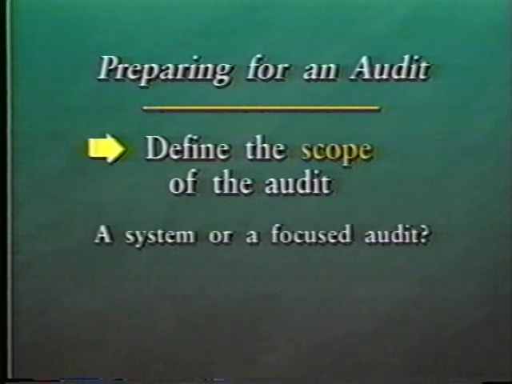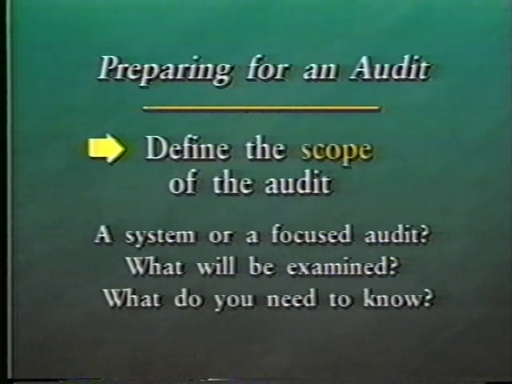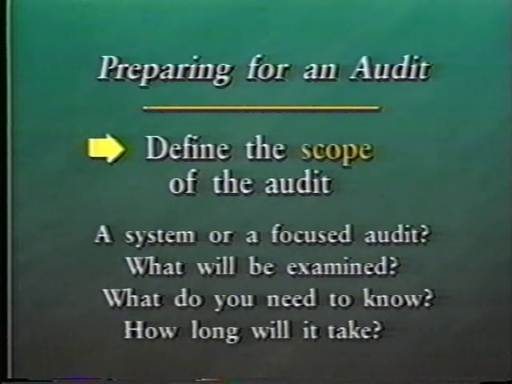Is it a system or a focused audit? Define the specific operations that will be audited and identify the items, personnel, and activities to be examined. Be familiar with the activities you intend to audit and the procedures and standards governing those activities. Once the scope of the audit is established, you will have a general idea of the time required for the audit.